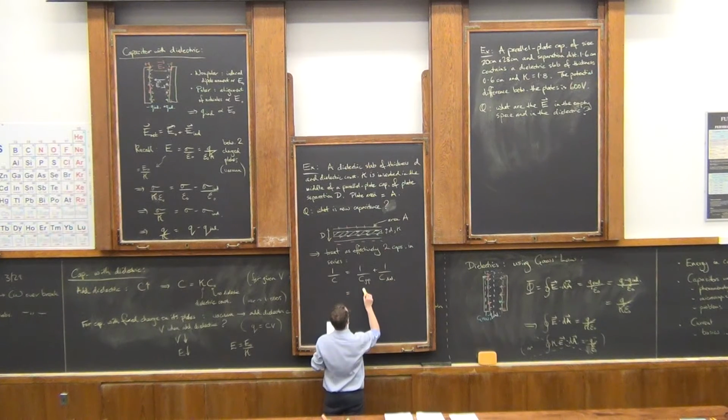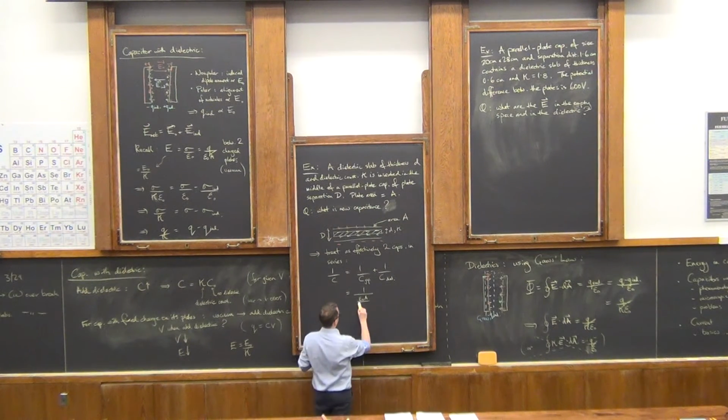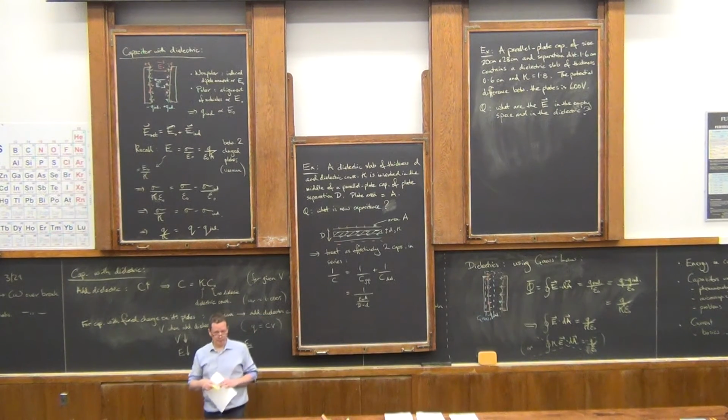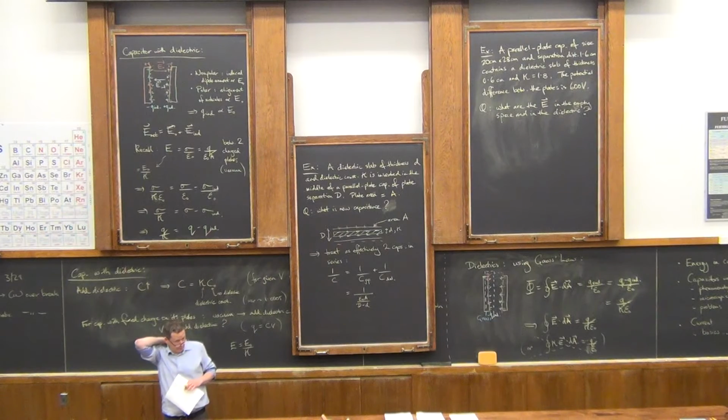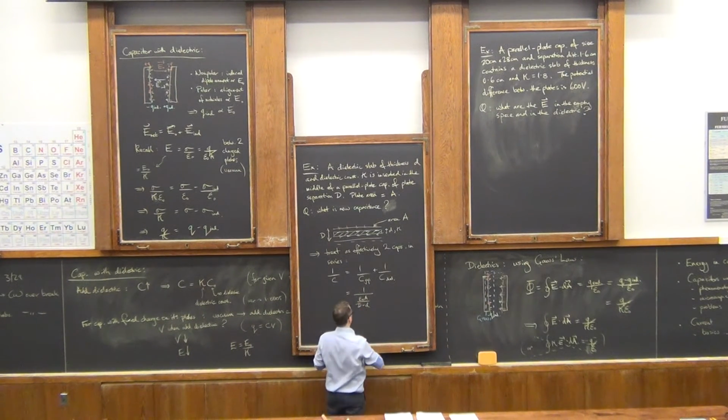I claim this should look like 1 over... bear with me here. This is the gap now. I've got epsilon A, and I need the gap thickness, which for the gap is big D minus little d, because big D is the total space between the plates and little d is the dielectric thickness. So what's left is big D minus little d.